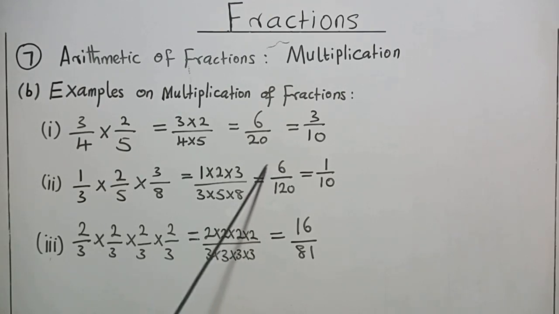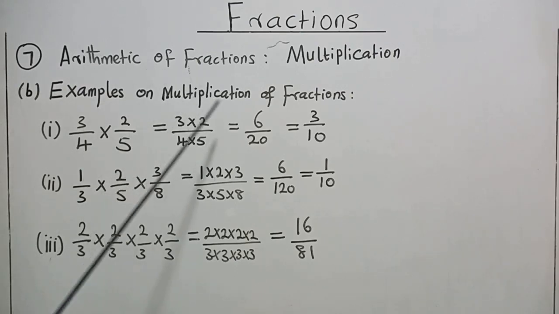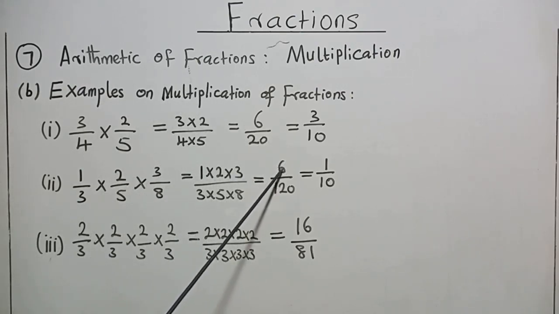This also can be broken further so that it turns to be in its lowest term. How? We divide 6 and 120 by their highest common factor, preferably. That highest common factor is 6. When 6 divides itself, which is 6, the answer is 1.